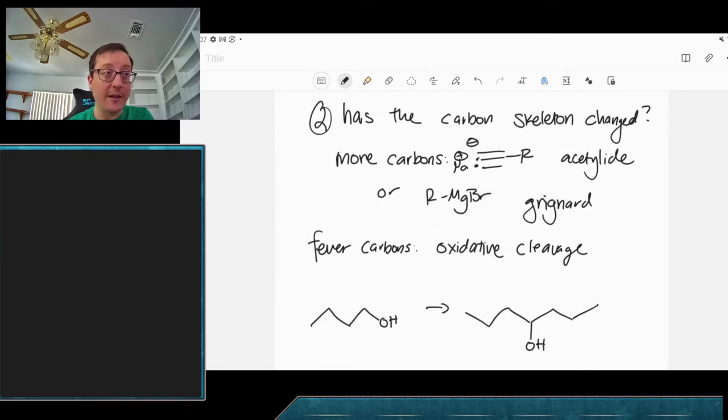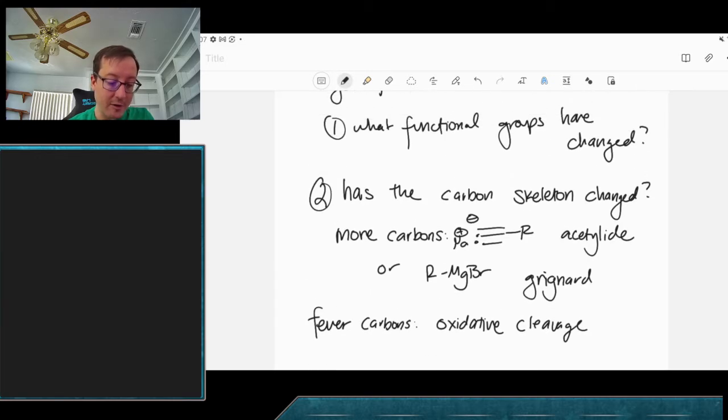We have an alcohol in both of them. However, we have a carbon skeleton change happening here. And so we have more carbons than we've done before. So we either need to use an acetylide or a Grignard reagent to make this happen. And we're going to see that Grignards are more common to make alcohols, and acetylides are more used to make other functional groups.